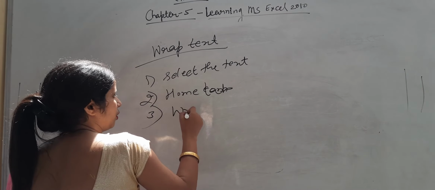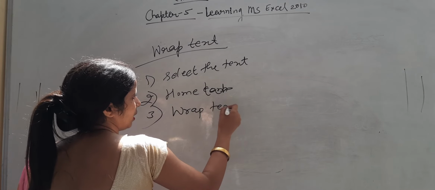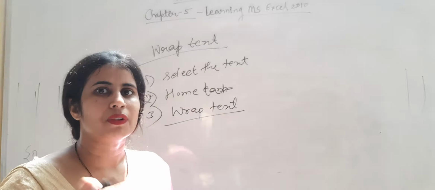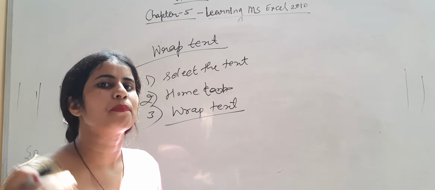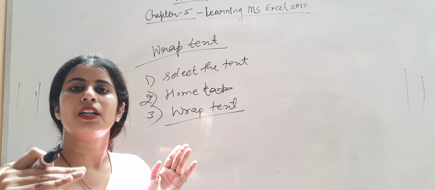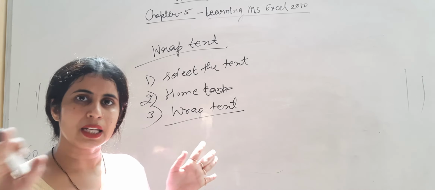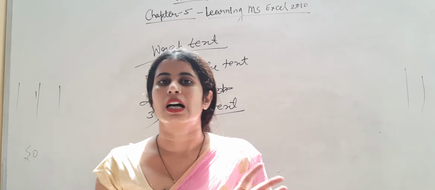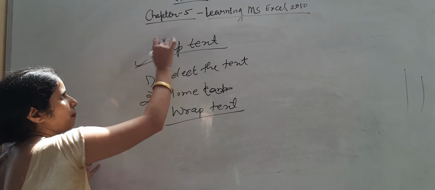Then you will find an option there, wrap text. With the help of this wrap text option, you are able to combine the text from different cells into a single cell. So this is about wrap text.